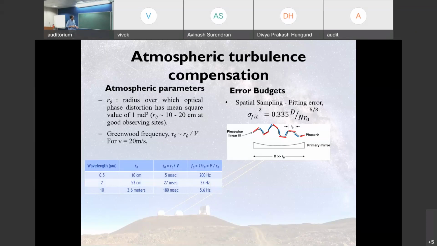Another error budget is the Greenwood frequency, which depends on the wind velocity. If the wind speed increases, the atmospheric turbulence changes much faster, and you have to correct it at a much faster speed. So the Greenwood frequency is related to the coherence time, and the Fried parameter, and it changes with wavelength also.